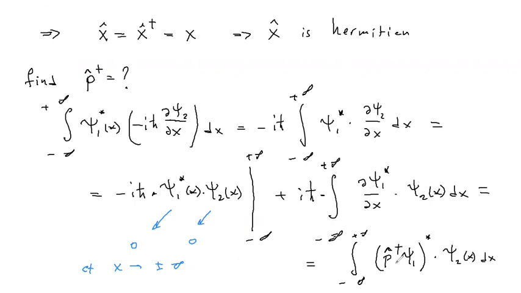Can you compare? What will be my P Hermitian conjugate? We have that i ħ factor, and then d over dx, yeah?